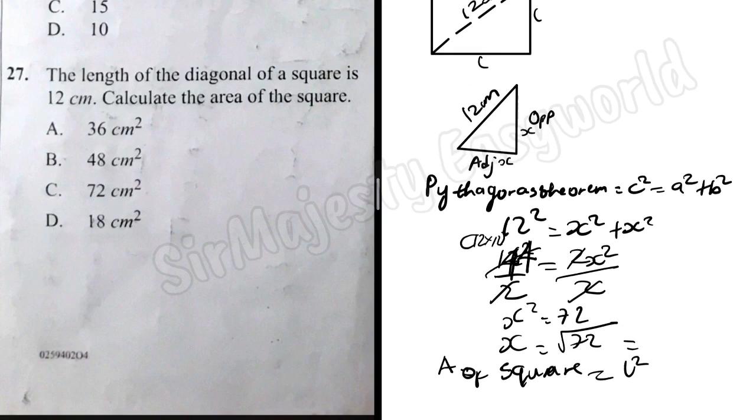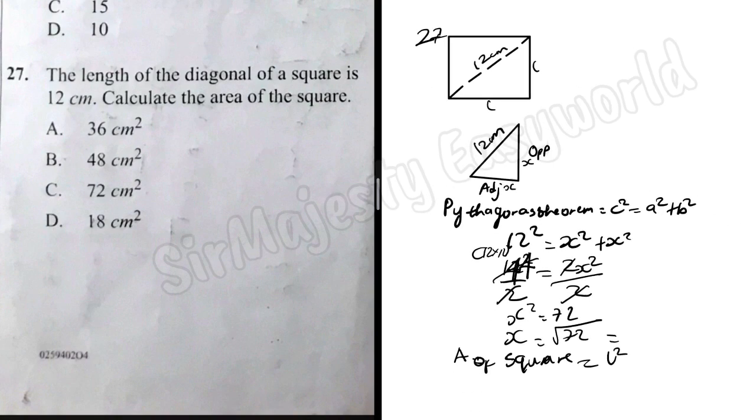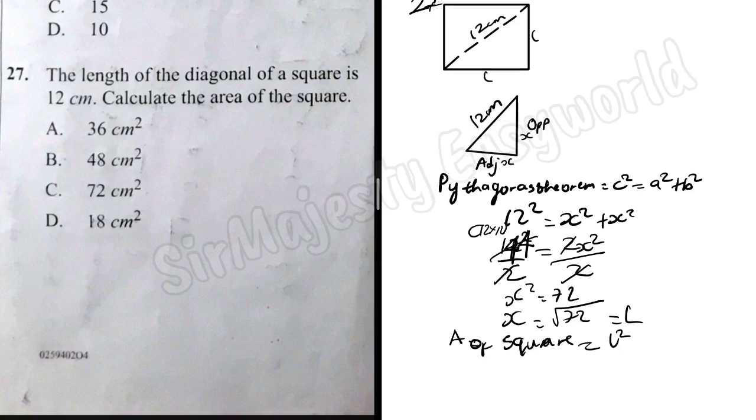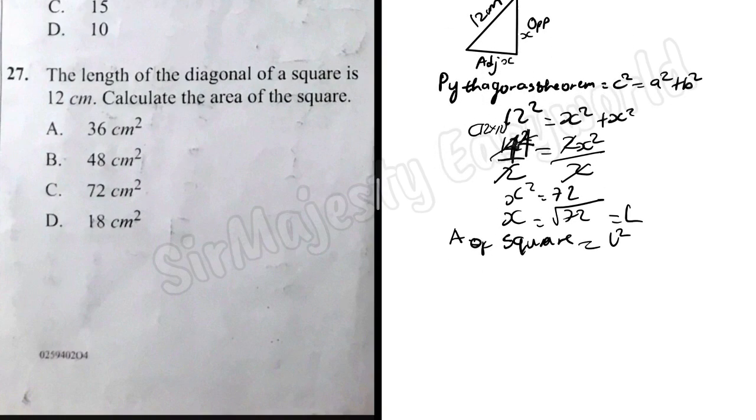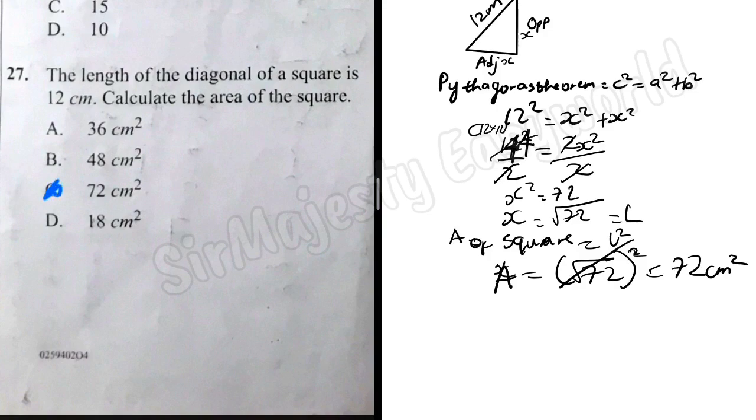So the area will be the square of the root of 72. The square will cancel the square root. So this will give us 72 centimeter square. So the correct answer to this question is C.